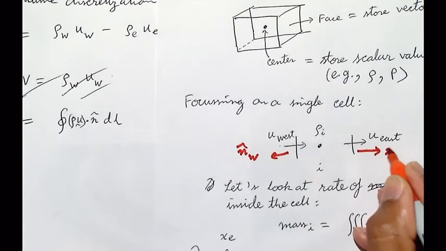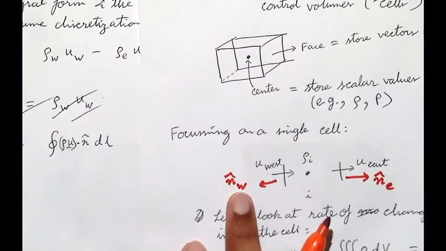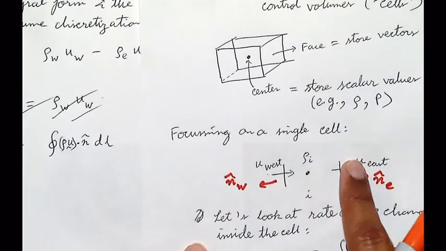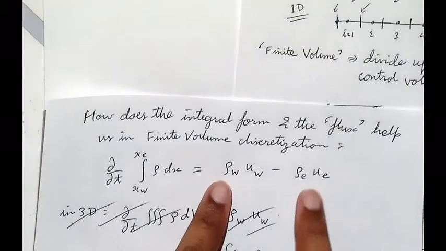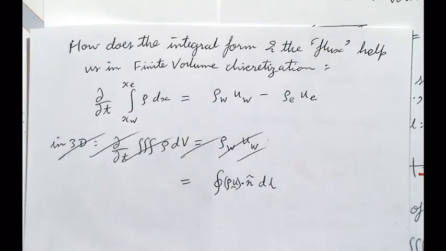Normal east points here. Okay. So this is negative. When we take u dot n west, we get a negative. When we take u dot n east, we get a positive. Which is why we can write this as this, this as this. Okay. So this is just the flux form, all right?